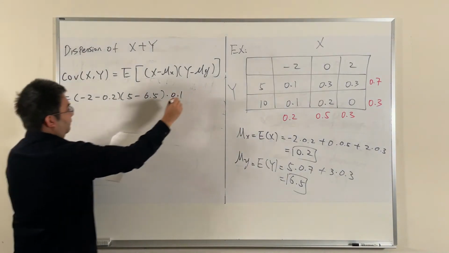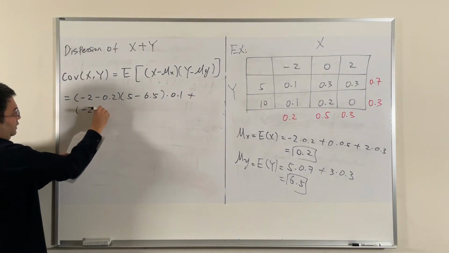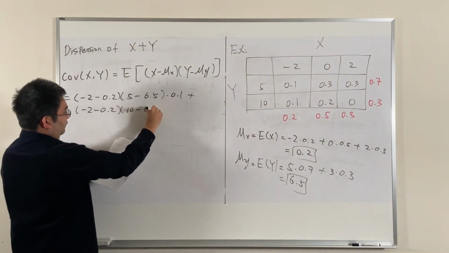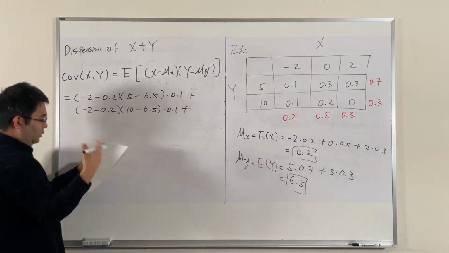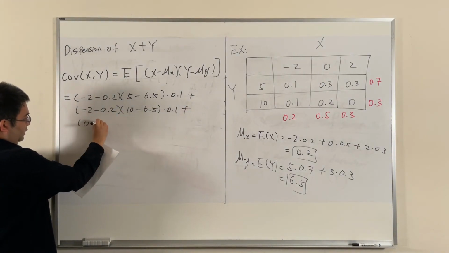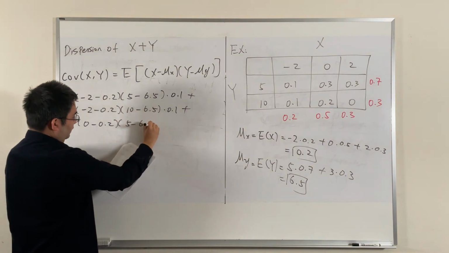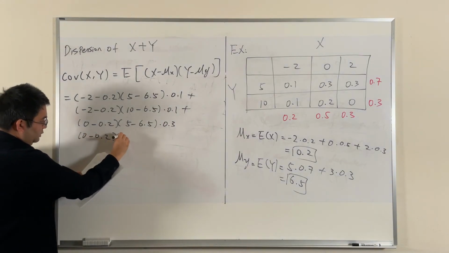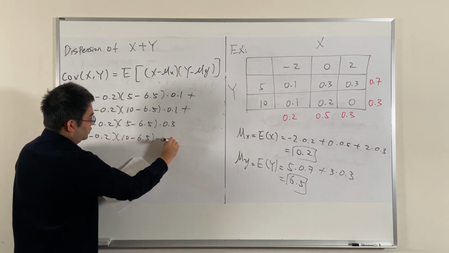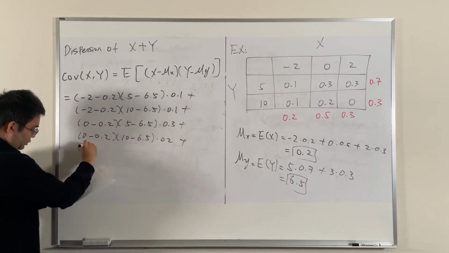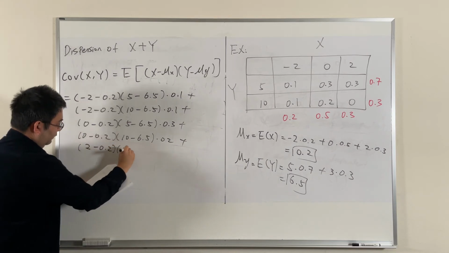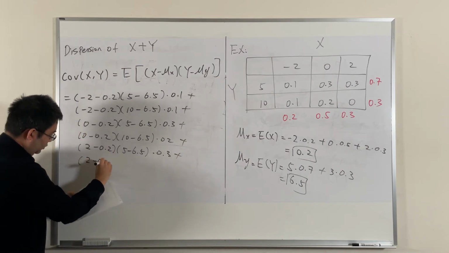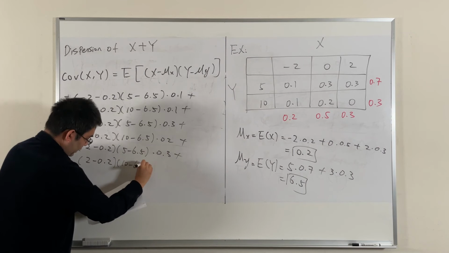The next one is -2 minus 0.2, times 10 minus 6.5, times 0.1, and it just keeps going. Next, 0 minus 0.2 times 5 minus 6.5 times 0.3, 0 minus 0.2 times 10 minus 6.5 times 0.2, plus 2 minus 0.2 times 5 minus 6.5 times 0.3, plus the last one, 2 minus 0.2 times 10 minus 6.5 times 0.